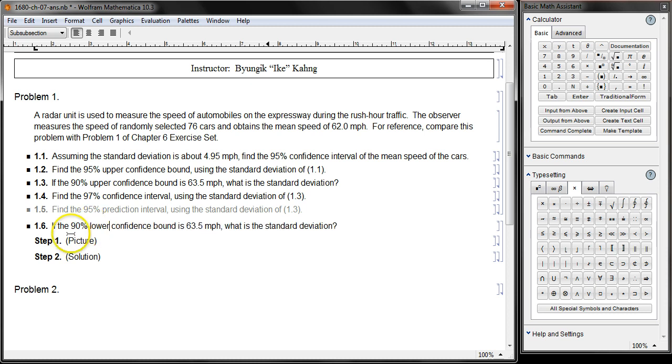And instead of 90%, let me choose something else. Say, okay, 92% lower confidence bound is, oh, that cannot possibly be 63.5 because it should be a lower bound. And the observed mean is 62.0, so the lower confidence bound should be lower than that. Anything less than 62 will be acceptable.